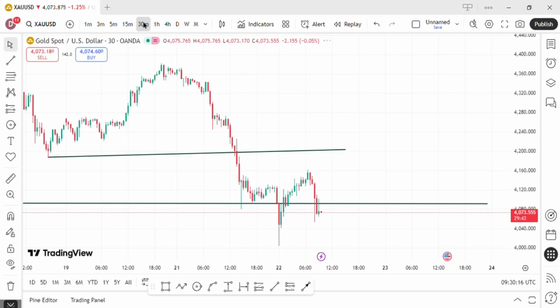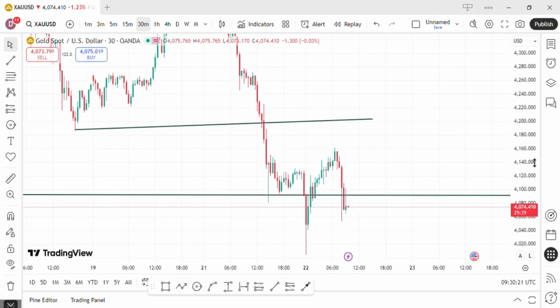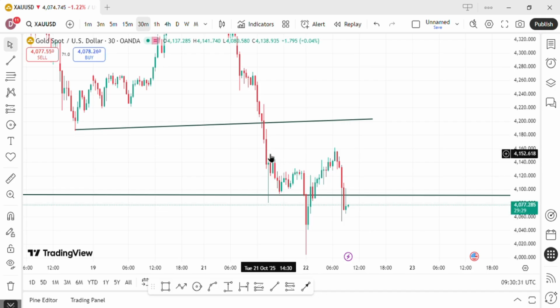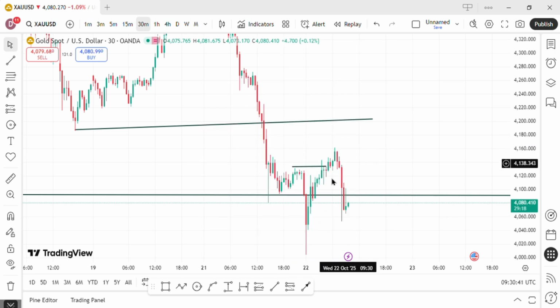So you could see that it created a lower high over here, right? Structural liquidity over here. There's a structural liquidity over here. I think there's even some over here, right? So it broke this structural liquidity. It broke this structural liquidity here.